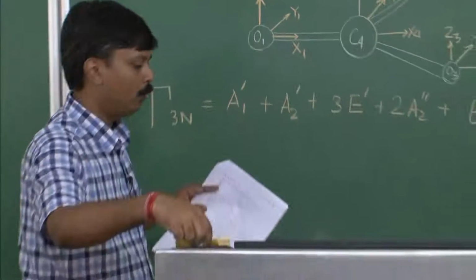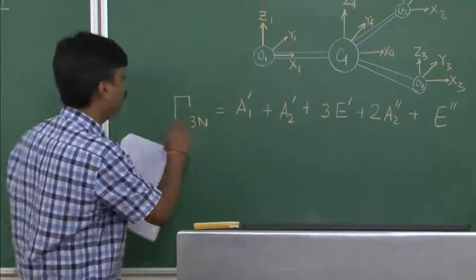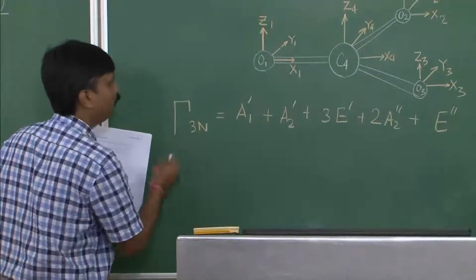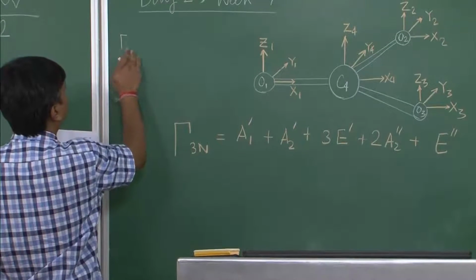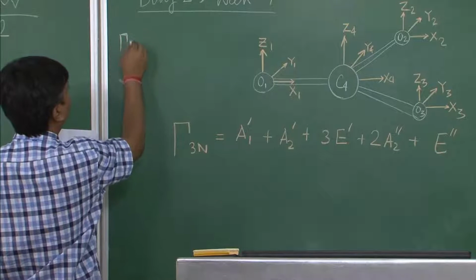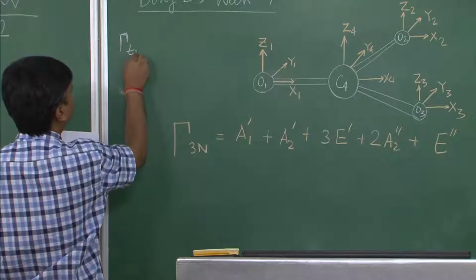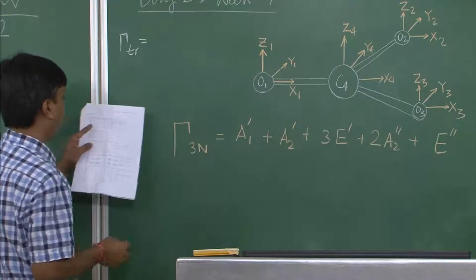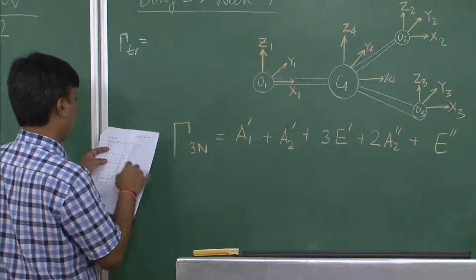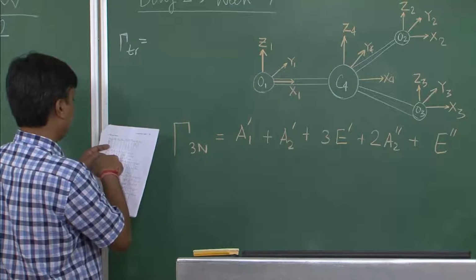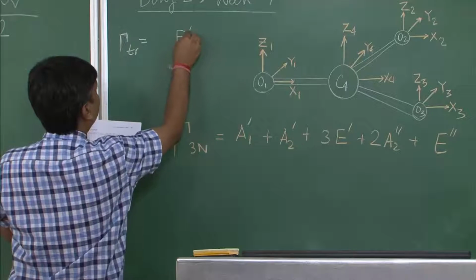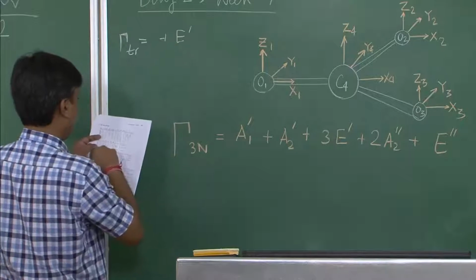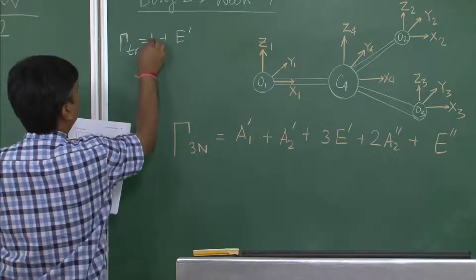Therefore, what we can write is gamma for translation, gamma TR, equals E prime plus A2 double prime, right.